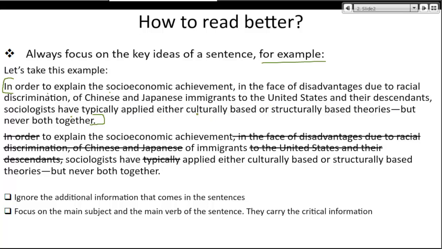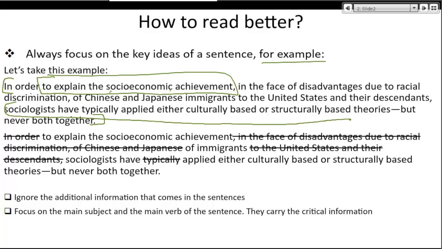So, in order to do something, what is it? In order to explain the socio-economic achievement. That means to explain this, sociologists have typically applied either culturally based or structurally based theories, but not together. In the face of disadvantage due to racial discrimination of Chinese, Japanese, fine, this is great.